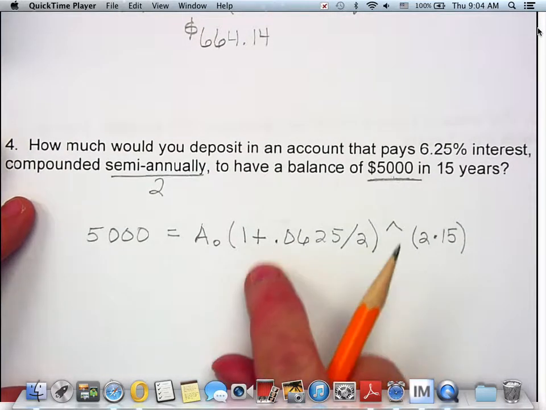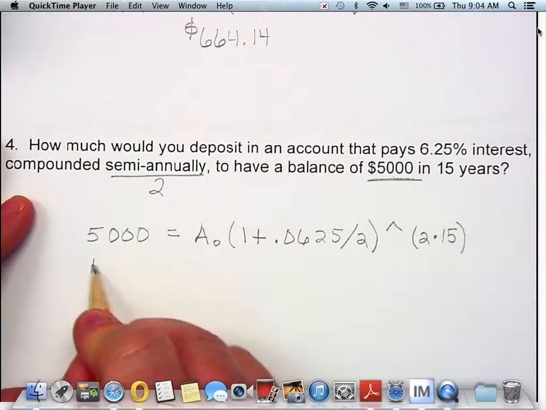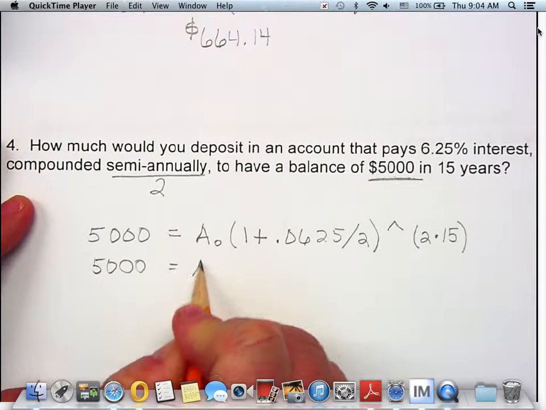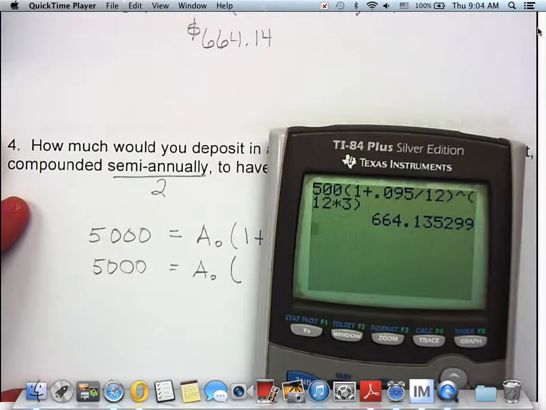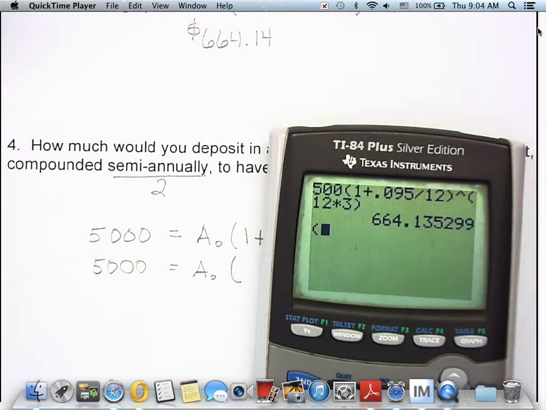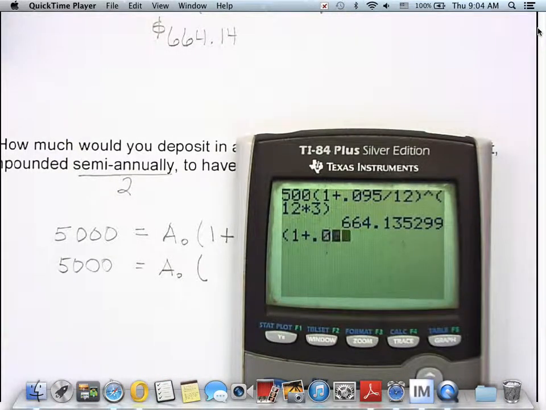All right, so let's figure out this side, this part right here. So we'll have 5,000 equals A times whatever this is. So we'll do parentheses 1 plus 0.0625 divided by 2, close your parentheses, caret, parentheses 2 times 15. 2.5172.